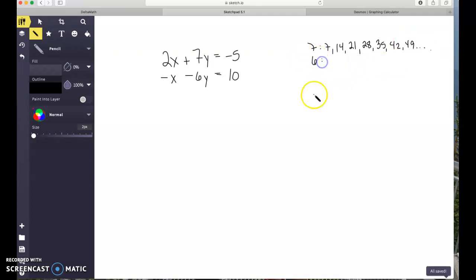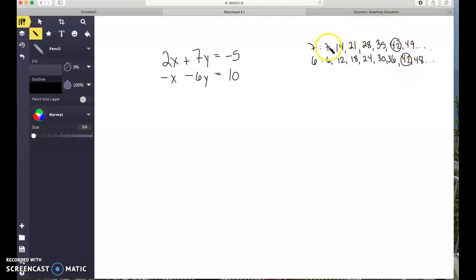You could list out all of your multiples of 6, right? 6 times 2 is 12, times 3 is 18, times 4 is 24, times 5 is 30, times 6 is 36, times 7 is 42, and times 8 is 48, and so on. And we would see, oh, hey, the first number that they both have in common is 42.